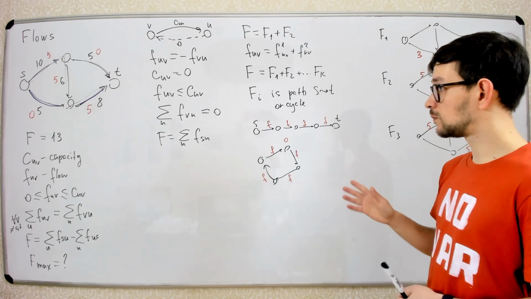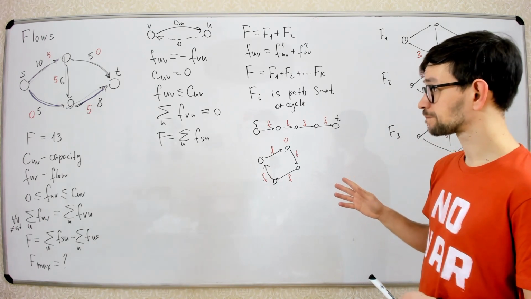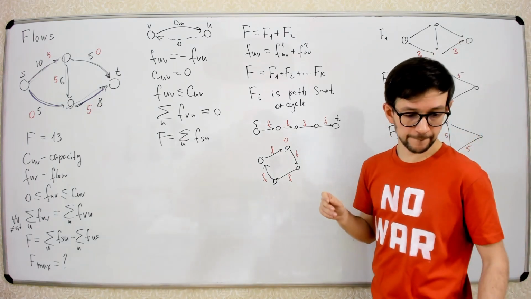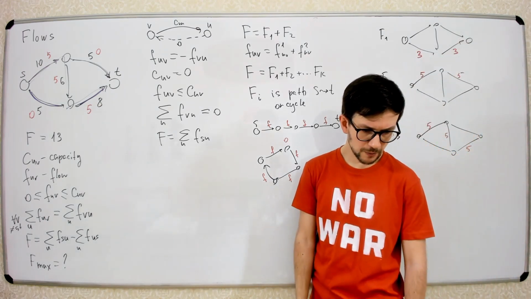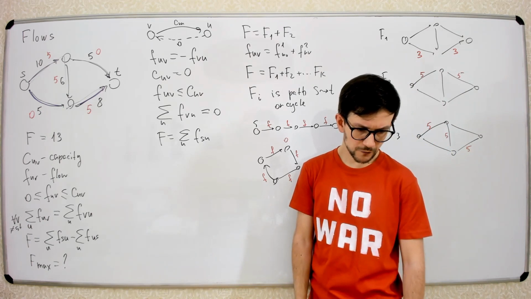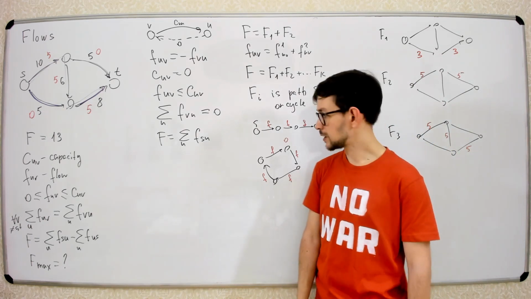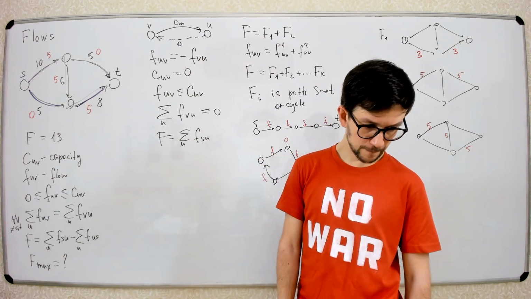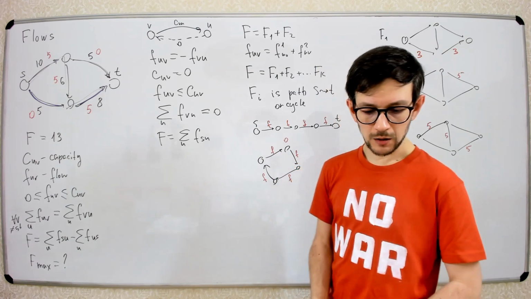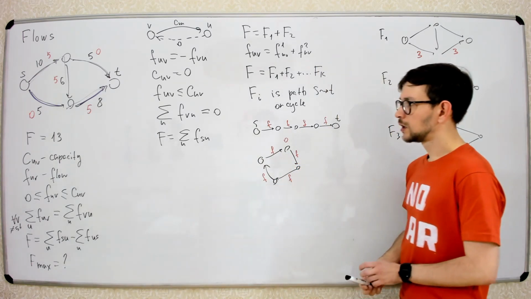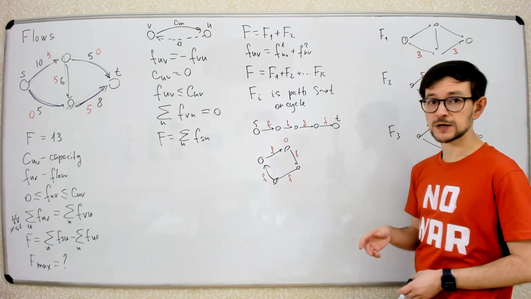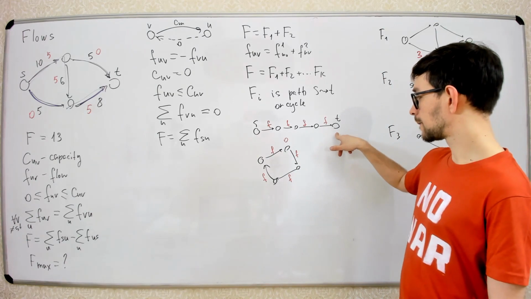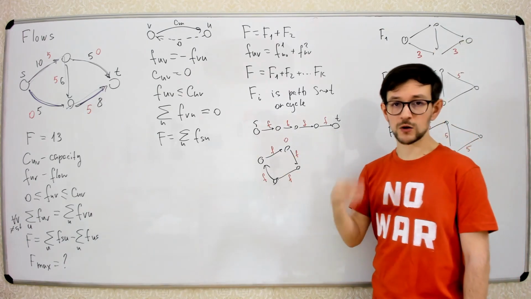There is a much more powerful observation. What's happening is each time we find a path or find a cycle, one of the edges becomes 0, right?